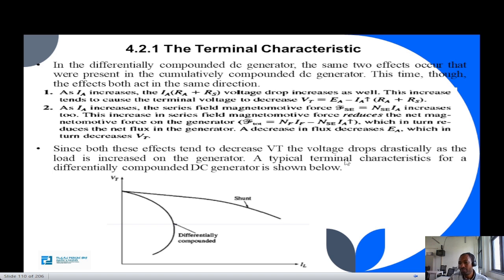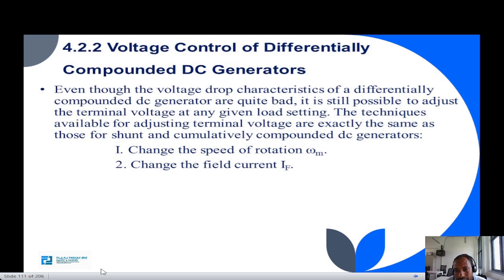A typical terminal characteristic is shown here. It drops drastically because in the cumulative compound the net flux has an opposite effect on Vt, but in our case both effects decrease Vt, so the curve will fall drastically down.